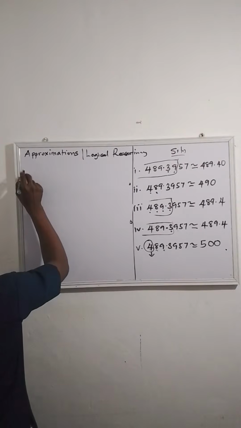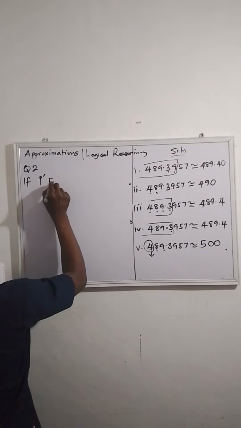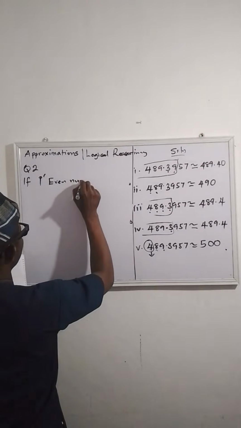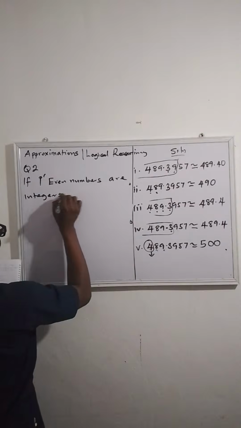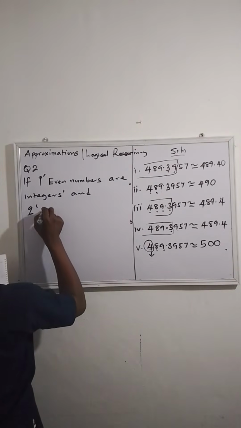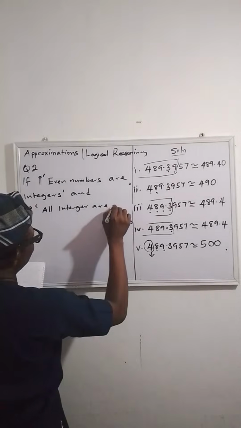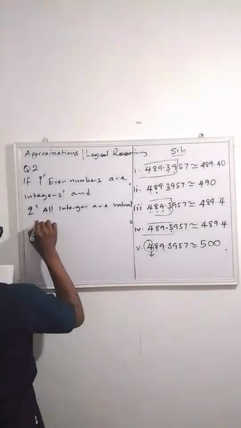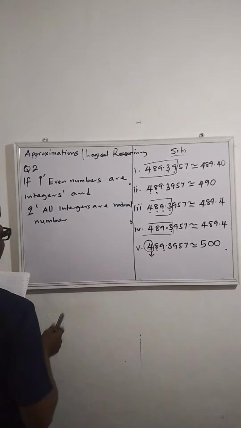So question 2: if P is the statement even numbers are integers and Q is the statement that all integers are natural numbers.